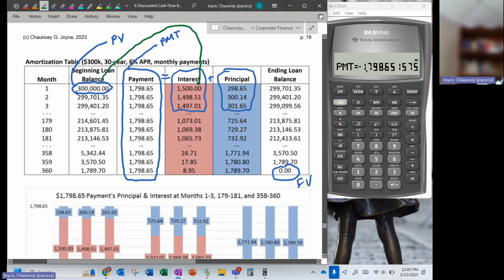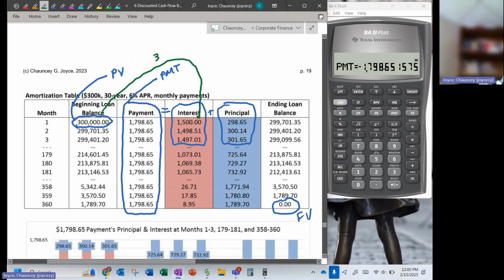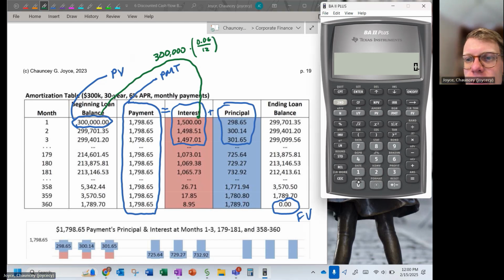How much interest did it accrue? Well, it was a $300,000 home and you had a 6% APR, which is 0.06 over 12 as a rate per month. So your monthly rate of 0.5% times the 300,000 balance is 1,500 in interest.